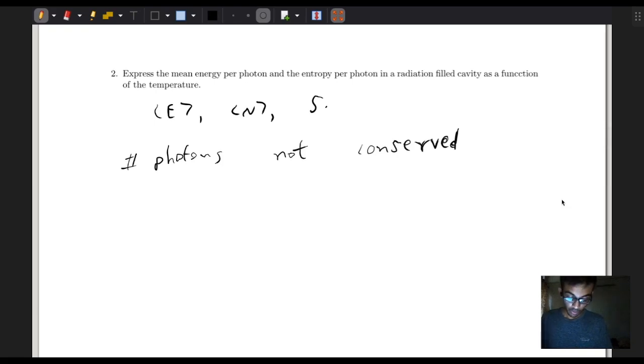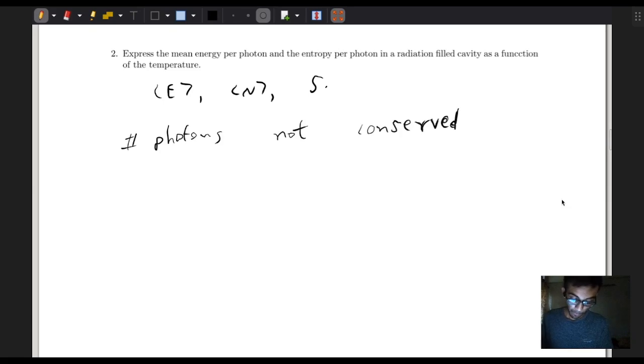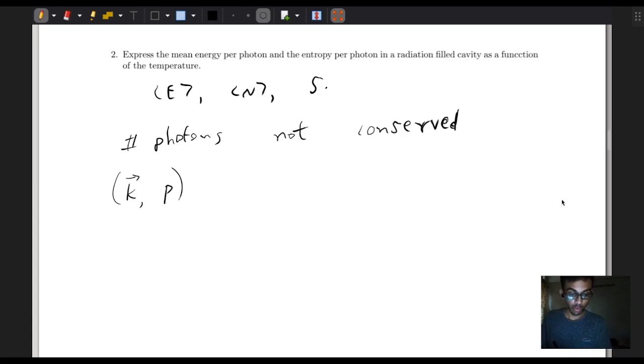So for a given single particle state, if you have a state labeled by k bar and a polarization, call it p, then p can take two values.